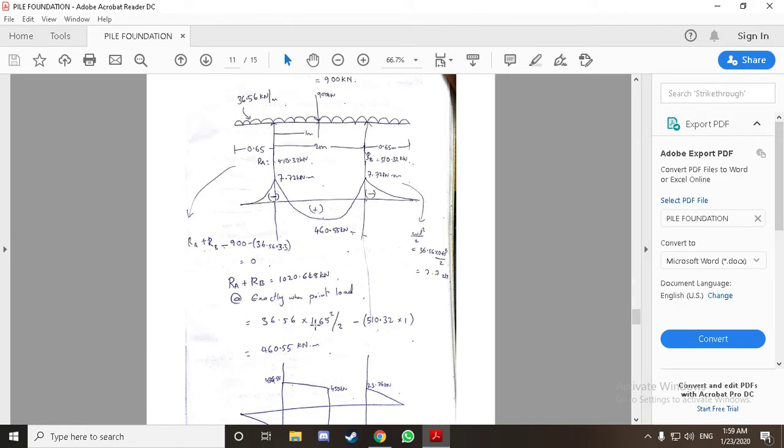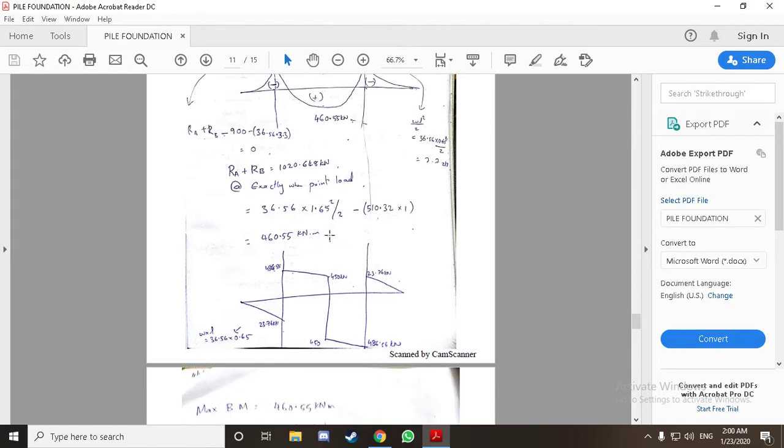This is 36.56 into 1.65 square by 2, WL square by 2, minus 510, that is the reaction. This UDL is acting downwards and our reaction is acting upwards, so that's why there is a difference in sign. Minus 510.32 is nothing but RA. This will give us 460.55 kilonewton meter. This is our bending moment at the center of the pile cap.